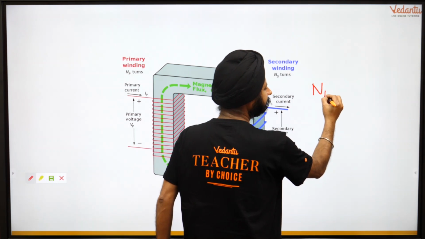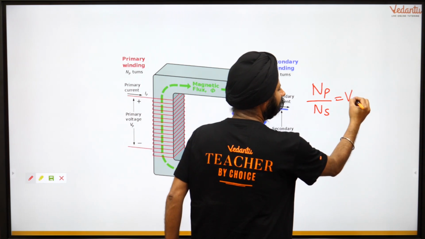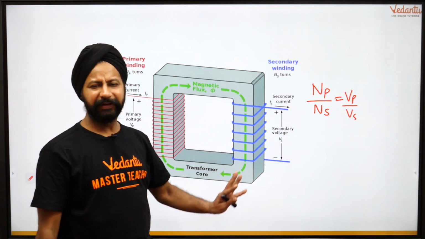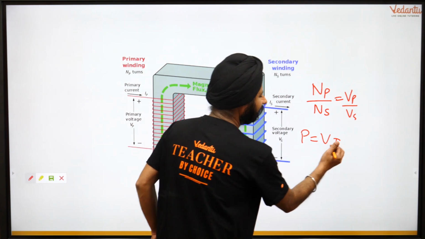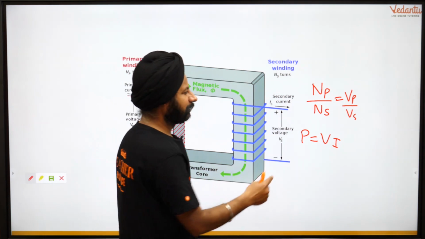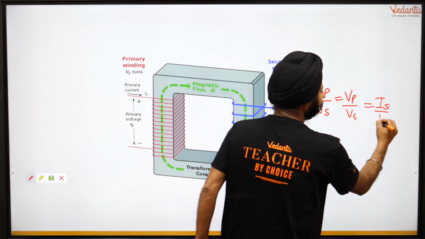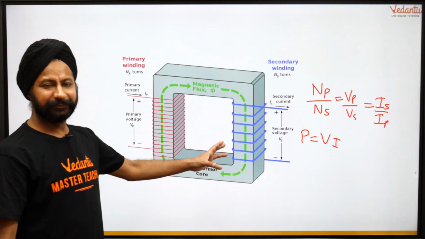Number of coils in primary divided by number of coils in secondary will be equal to voltage in primary by voltage in secondary. Now, power here, same. Power is voltage times current. Current और voltage inversely proportional. तो अगर VP by VS है, तो ये IS by IP हो गया. And that is all. That is the principle of transformer.